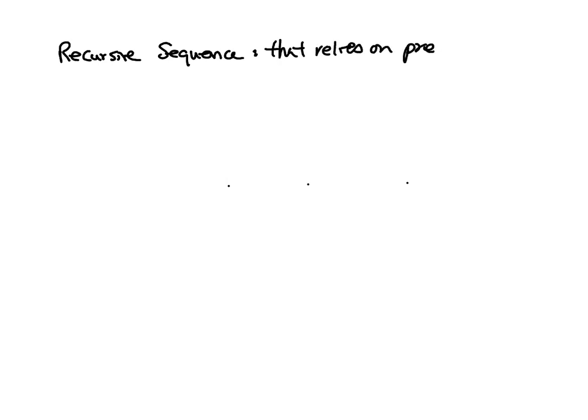Now, problem set number 4, it says write the first 4 terms of the recursive sequence. Okay, a recursive sequence is the type of sequence that relies on previous values.